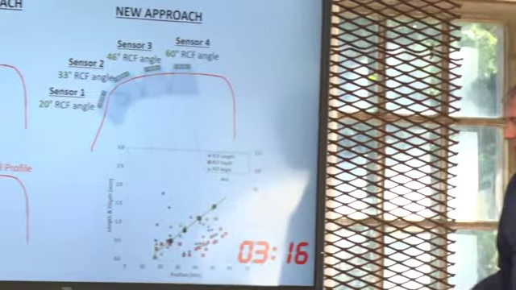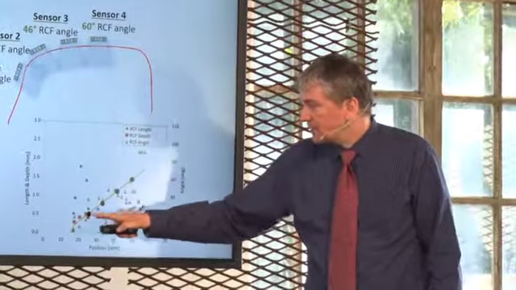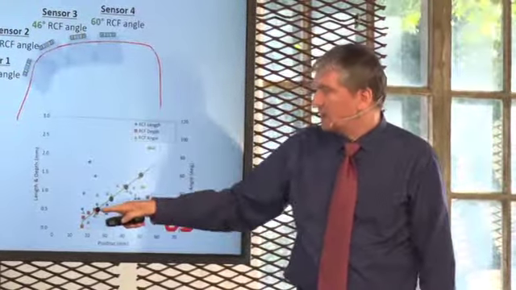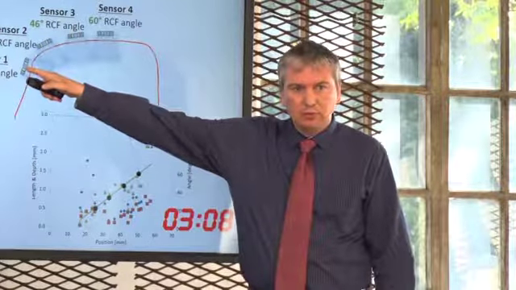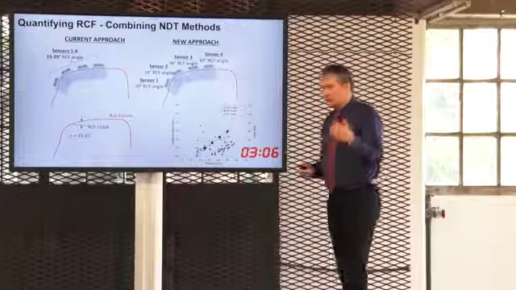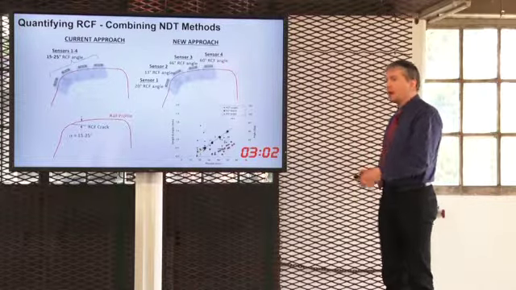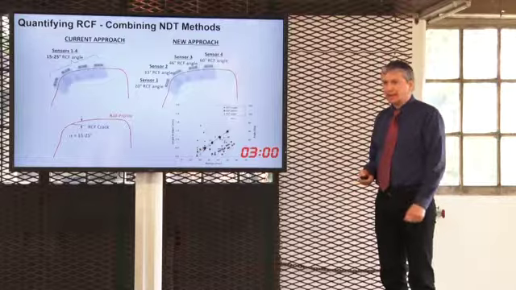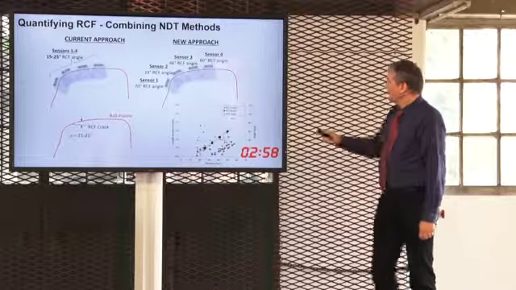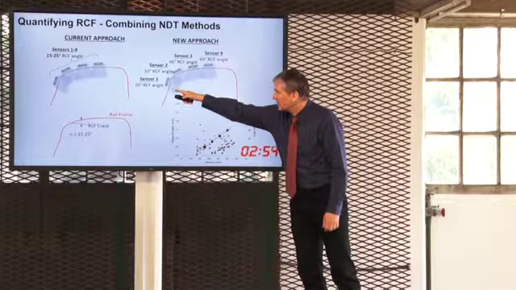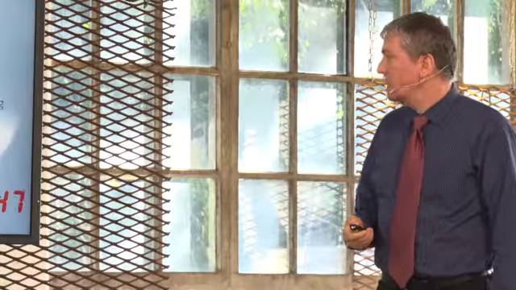So grab one of our graphs, go to the position, find out how this position matches with the sensor position, and feed that angle value into the sensor measurement. Now you have a measured crack length, a measured crack angle, and a more accurate crack depth. Do this for all the sensors, and you see that the angle changes from 20 degrees to about 60 degrees, much more variability than the 15 to 25 that's assumed right now.